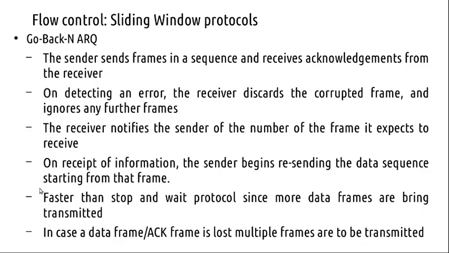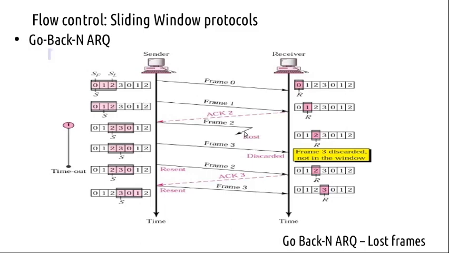So I'll just summarize this. You will send the frames in a sequence and receive acknowledgements. When an error is detected, the receiver will discard that frame. Frame 2 was expected here in this case, but it received frame 3. Frame 2 was lost.